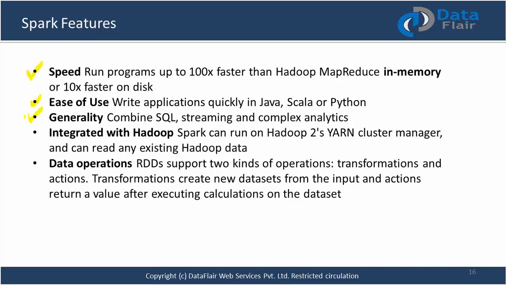Generality. Guys, this is one of the most important features, although in a later slide I will also discuss this. You can combine SQL, streaming and complex analytics together in a single application. This is one of the most unique features provided by Spark. None of the other systems in the world provide this particular capability.